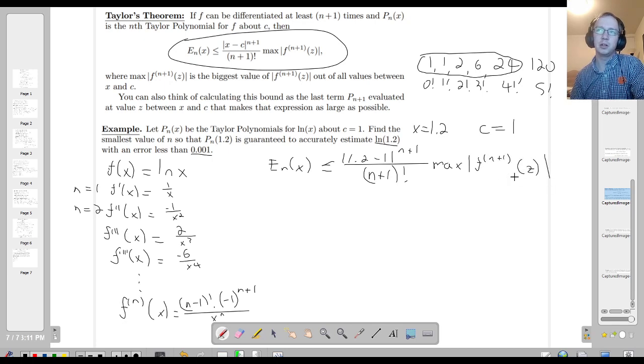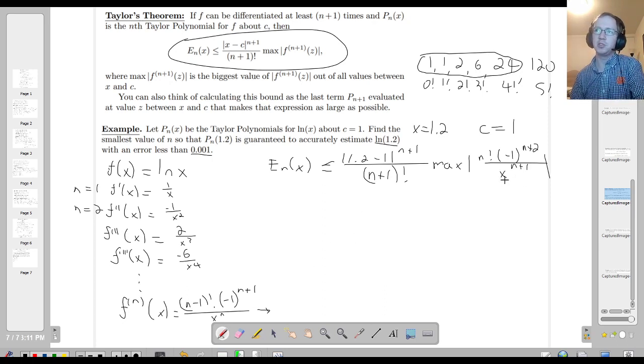Now I'm not going to worry too much about z yet. First, I'm just going to make sure I understand what the n plus first derivative is. I figured out the nth derivative, so if I want the n plus first derivative, I'm just going to take this formula and plug in n plus 1. So n plus 1 minus 1, that's n factorial, times negative 1 to the n plus 2, all divided by x to the n plus 1.